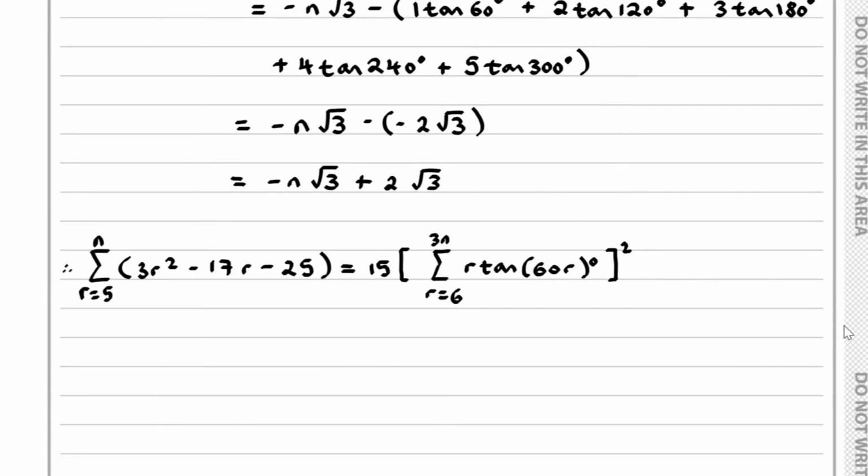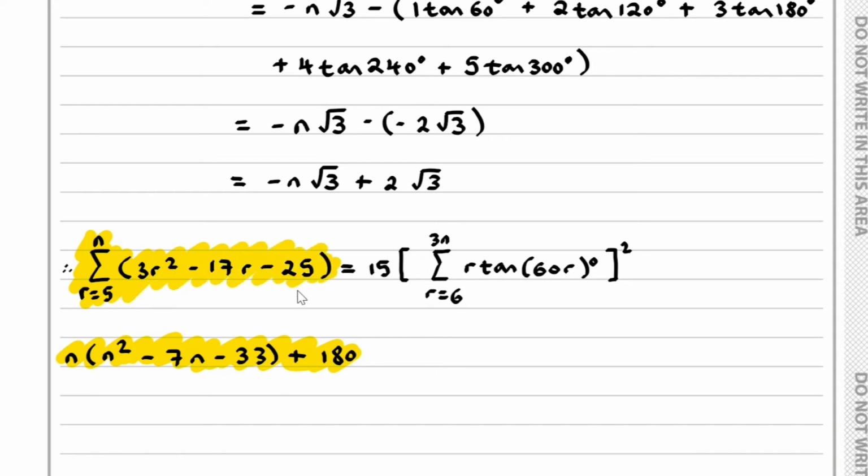Well, we need to solve this equation here. Now, the result on the left-hand side, we found that to be n times n squared minus 7n minus 33 plus 180. So this result here is what this is over here.